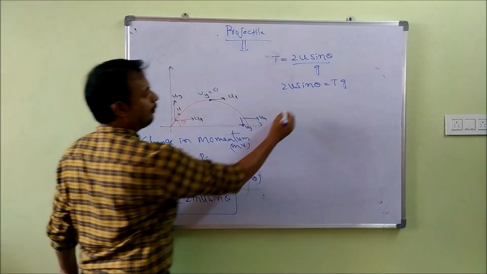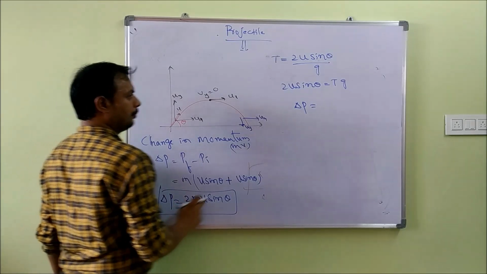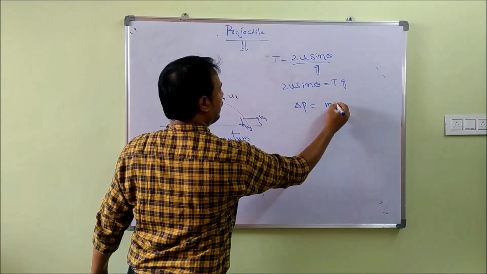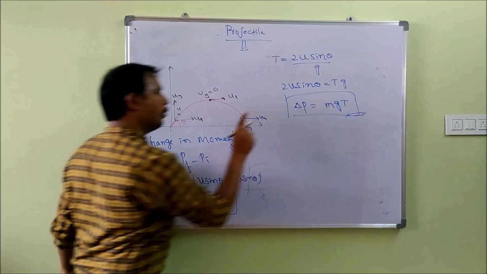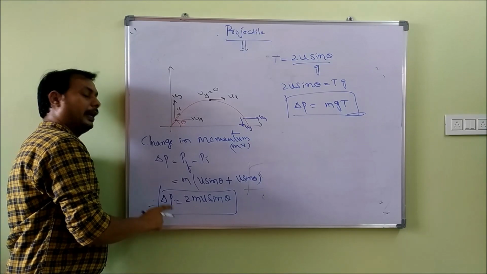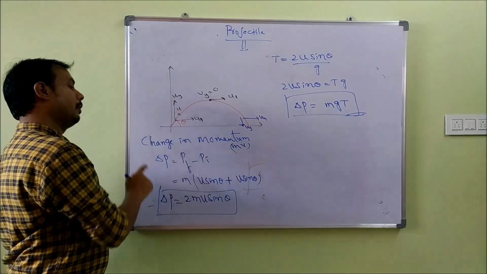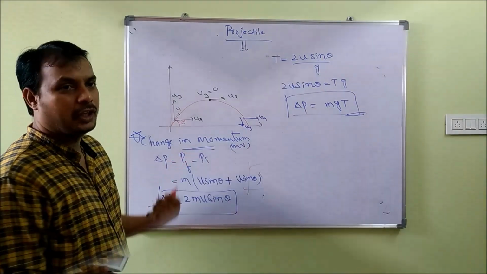Substitute here. Therefore, the change in momentum becomes m g into t. This is the change in momentum in terms of time of flight, and this is the change in momentum in terms of theta. So remember this concept, the change in momentum.